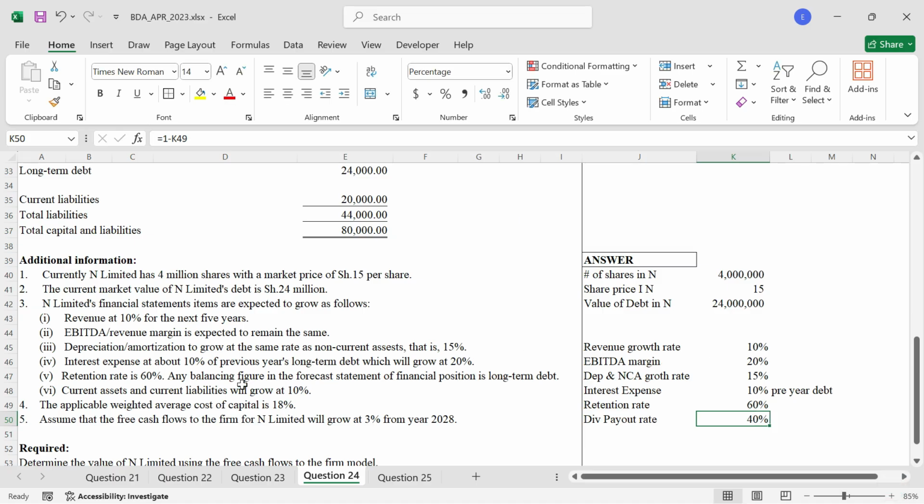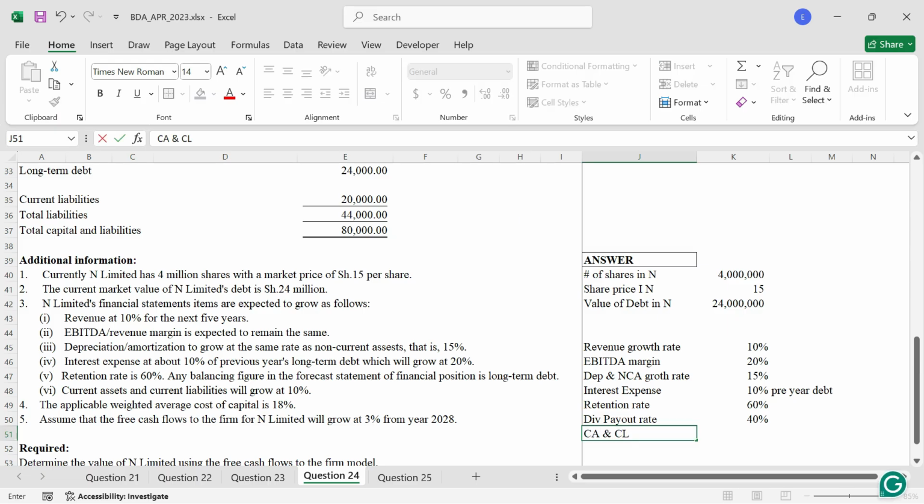Then current assets and current liabilities will grow at 10%. So the CA and CL growth rates will be 10%.